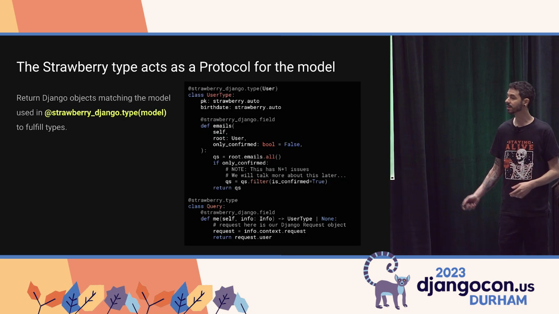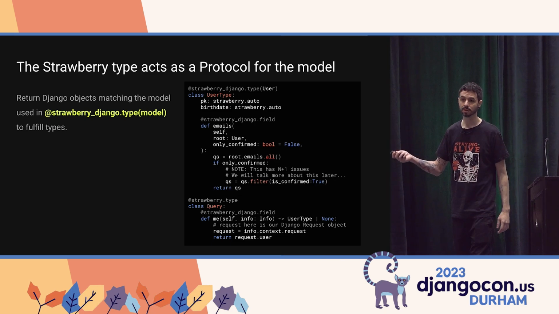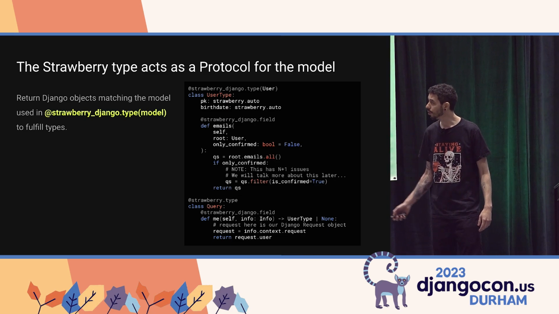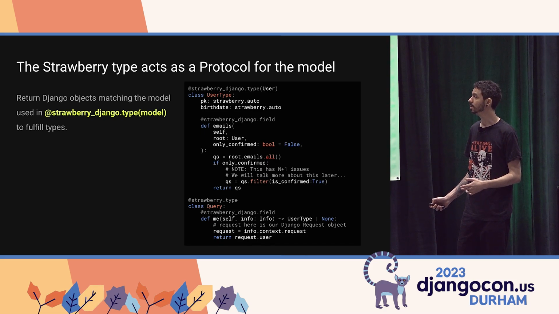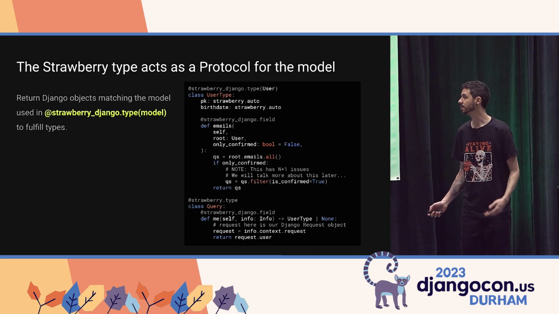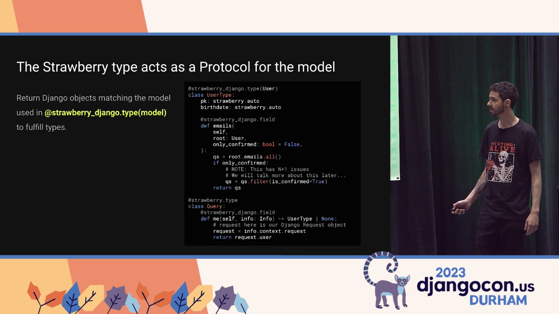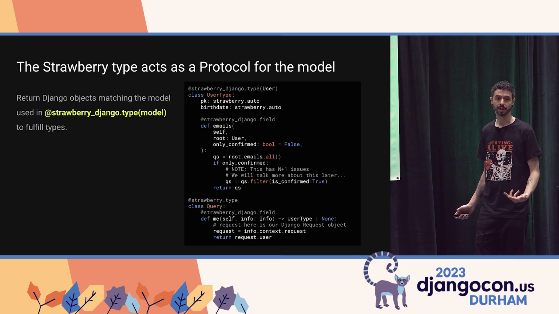So the Strawberry type acts as a protocol to the model, as I mentioned. So you can just decorate the type with Strawberry Django.type user, and when you say that you can return a user type, you can just return the model itself.